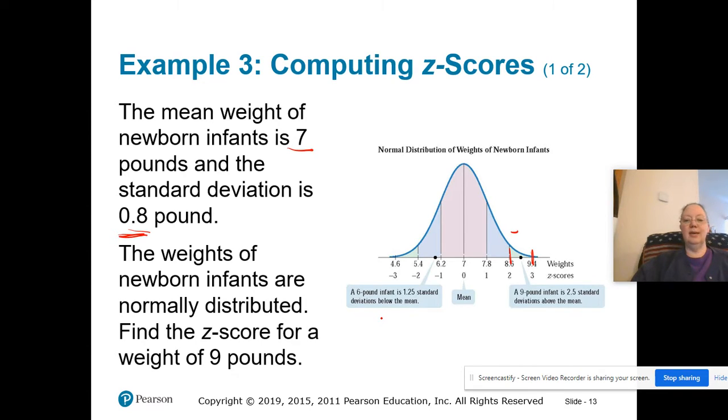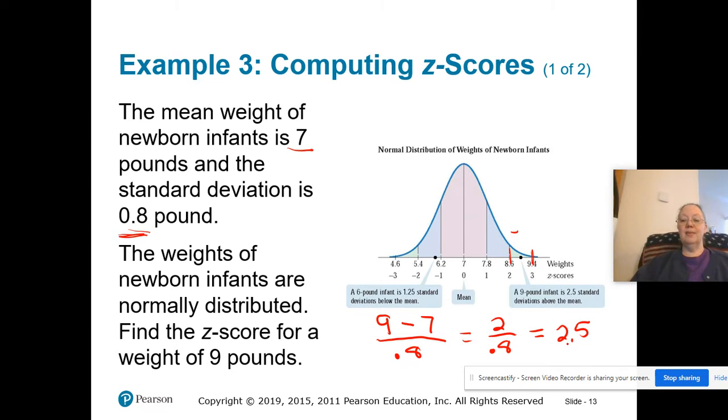Okay, so we're going to use the formula. We're going to take the data item, which is 9 pounds, and subtract the mean, which is 7, and divide by the standard deviation, which is 0.8. So 2 divided by 0.8, we would put that into our calculator, and it should be 2.5.